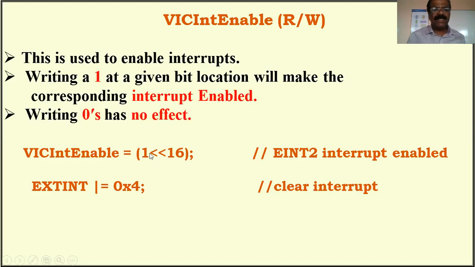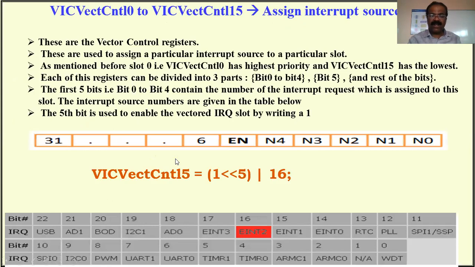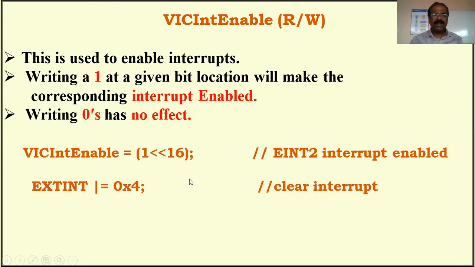Bit number 16 becomes 1, and the rest of the bits are 0. Why 16? Why not some other number? I told you already, EINT2, external interrupt 2, comes under bit number 16. That's why I have to execute this statement, so the EINT2 interrupt system is enabled.